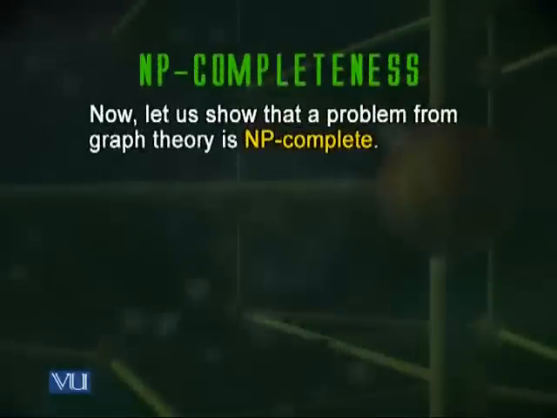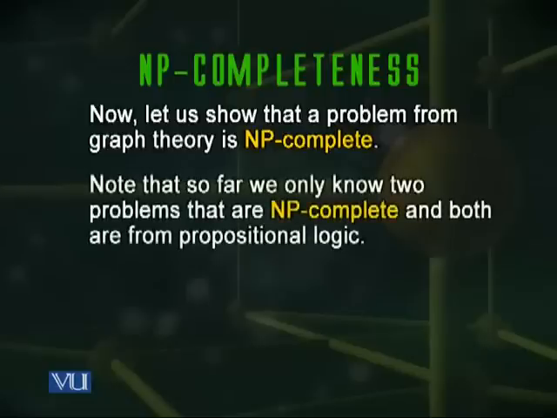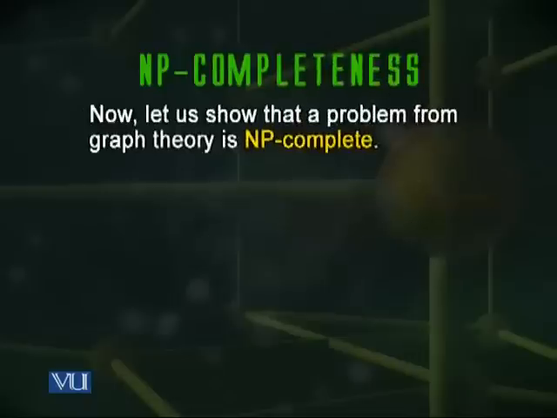So let us now show that a problem from graph theory is NP complete. Note that so far we have only 2 known problems that are NP complete, and they're both from propositional logic. But in order for us to come up with this new problem in graph theory, we will have to review some definitions from graph theory. So you should now go and review your basic discrete math course and all that you know about graph theory and the notation of graphs.